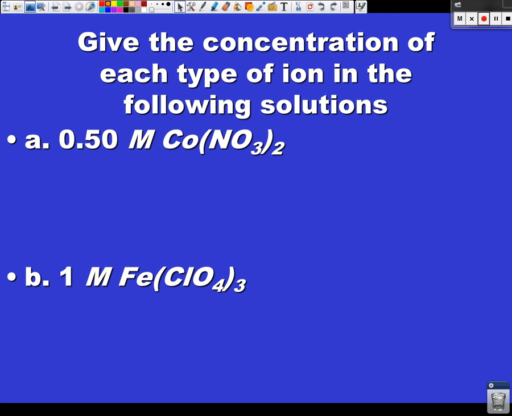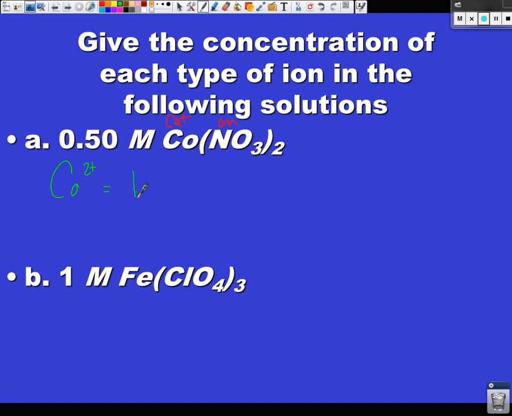Cobalt(II) nitrate. Why do we have to throw the 2 in there? It's a transition metal and we have the reverse crisscross, all right? So is cobalt(II) nitrate a single compound? What is the cation in this thing? Here's our cation. What is the anion in this thing? Nitrate. So here's our anion. Now, the entire solution is half a molar, right? How many cations do we have? We've got 1 of them.